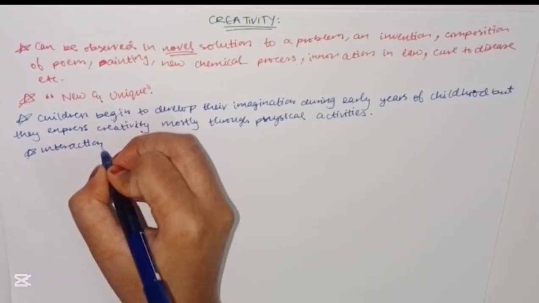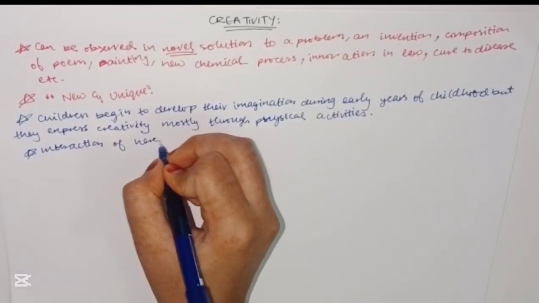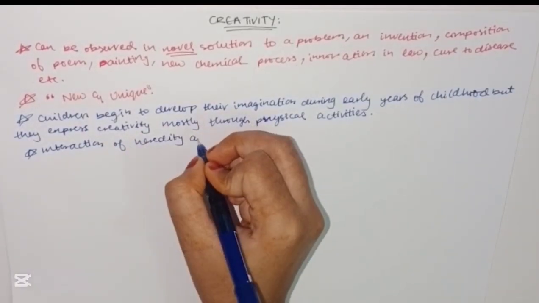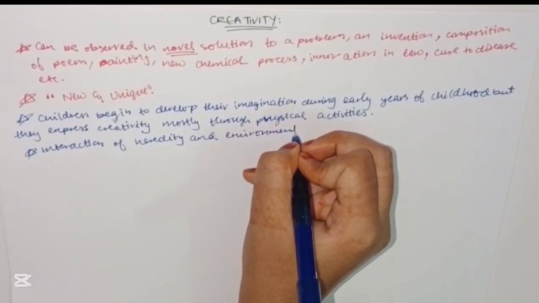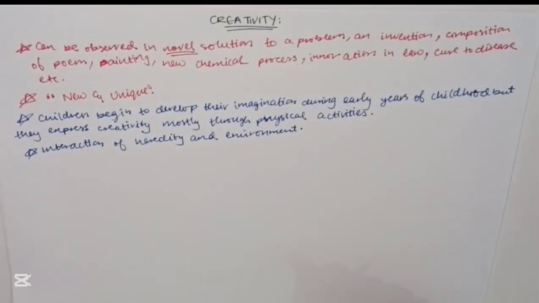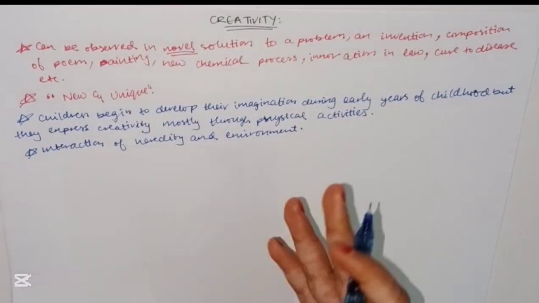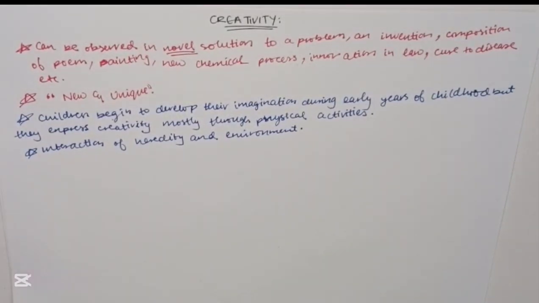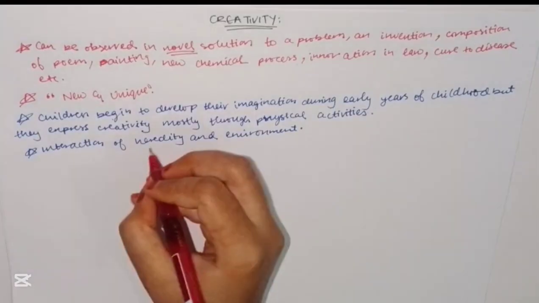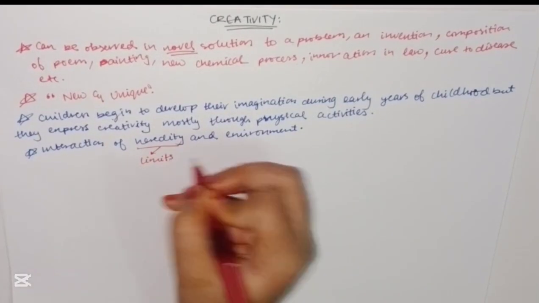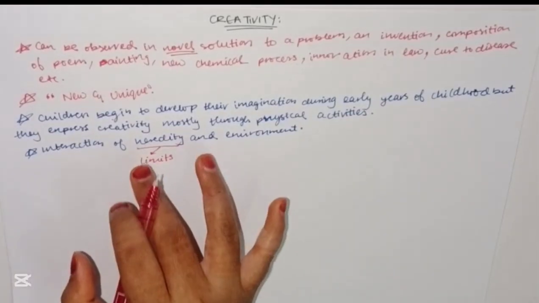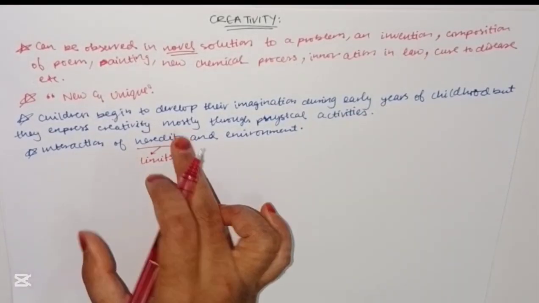Interaction of heredity and environment. There is no disagreement that creativity is determined by both heredity and environment. Limits, as we studied before, are given by heredity. So the limits of creative potential are set by heredity.